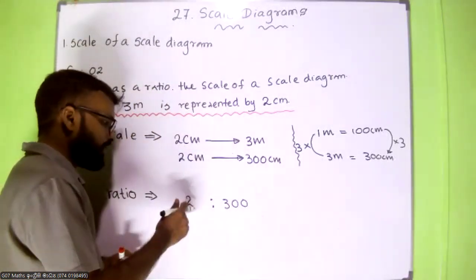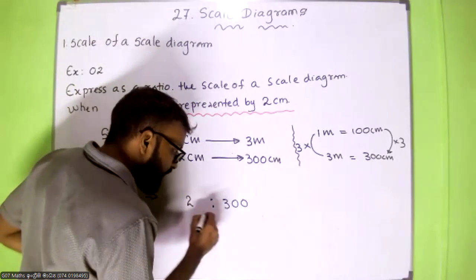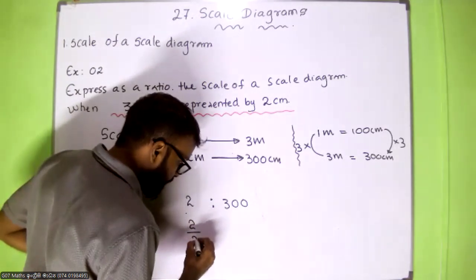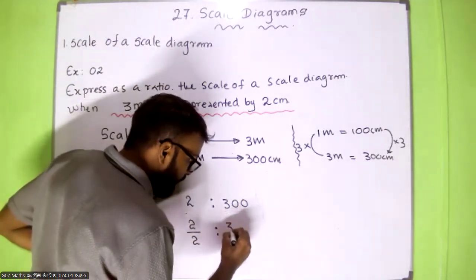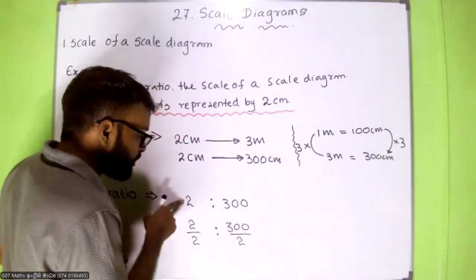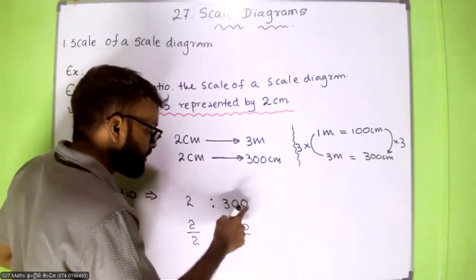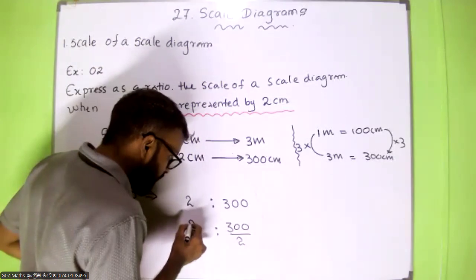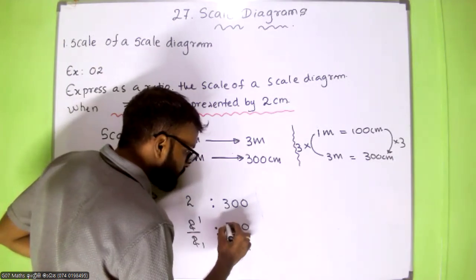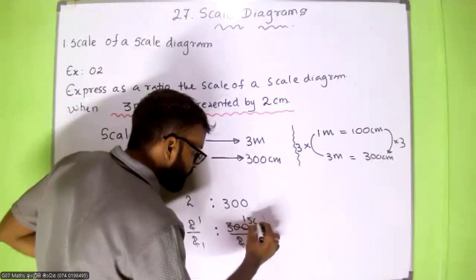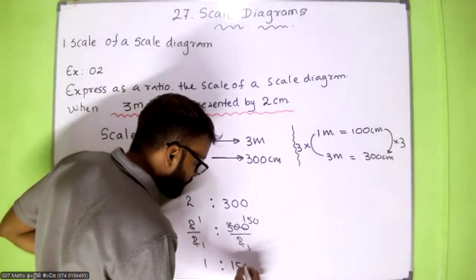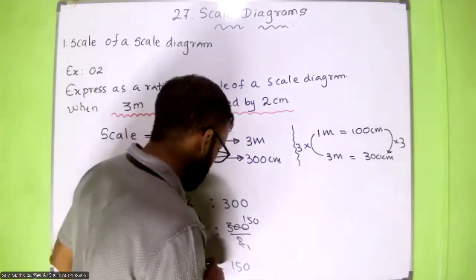I am going to divide this side by 2, and I will use a separate pen to divide 300 by 2 as well. 2 divided by 2 is 1, and 300 divided by 2 means 150. So 1 to 150.